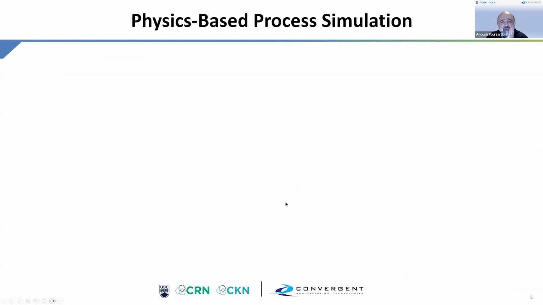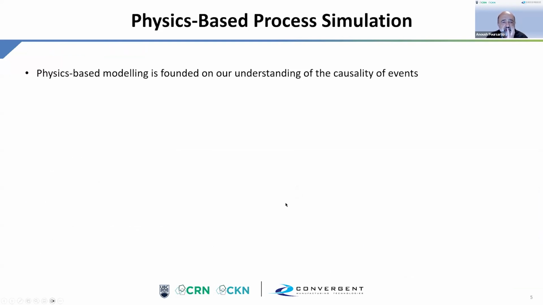A little bit of thinking about physics-based process simulation. Physics-based modeling is founded very much on our understanding of the causality of events. We can touch a little bit later, if you are interested, in the chat about machine learning and so on. But physics-based modeling is something that actually allows us to have confidence in the predictions.